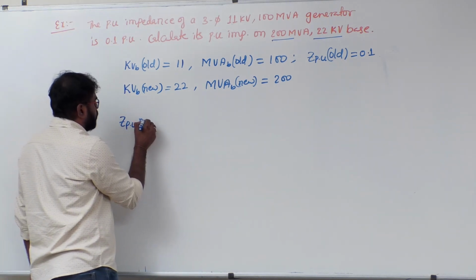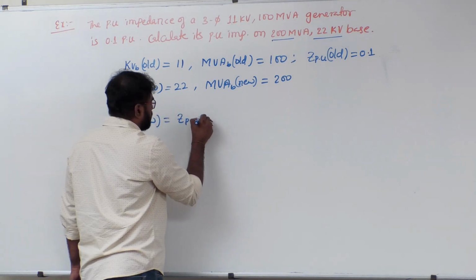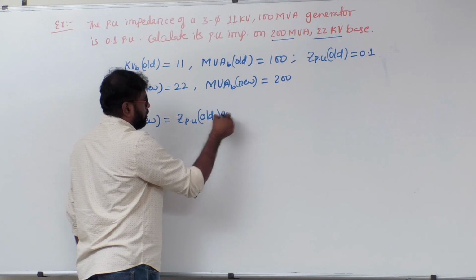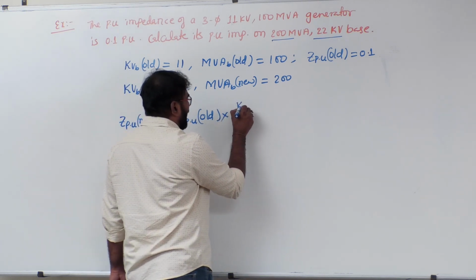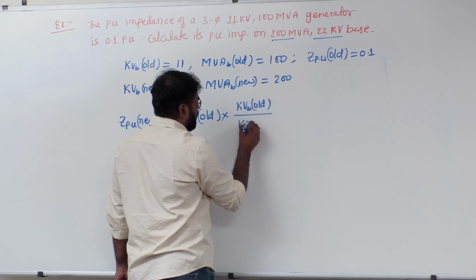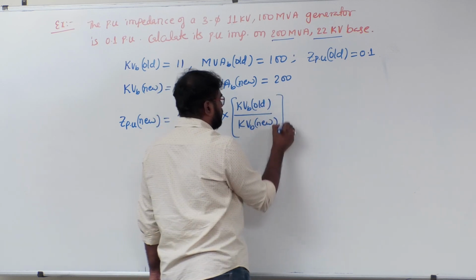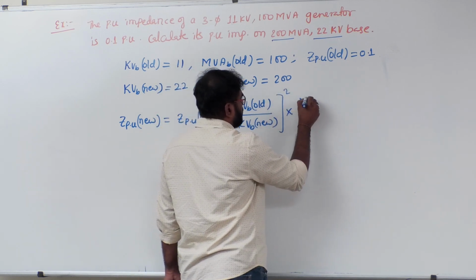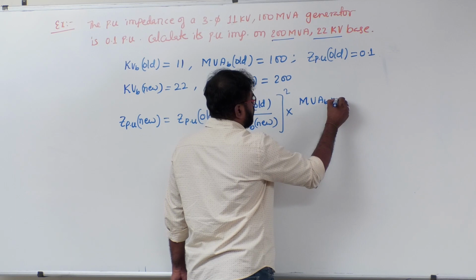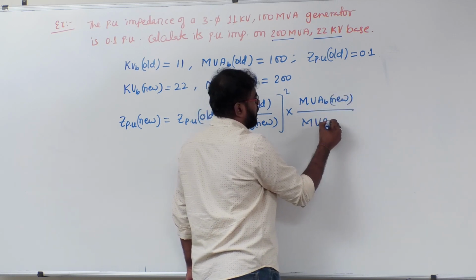Z per unit new equal to Z per unit old multiplied with KVB old by KVB new whole square, multiplied with MVAB new divided with MVAB old.